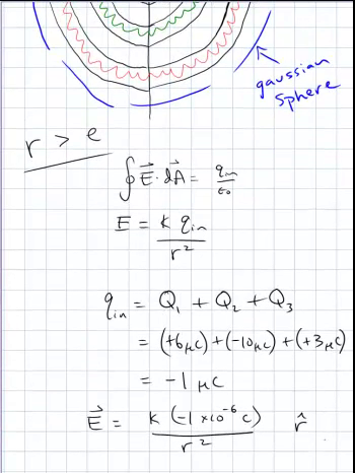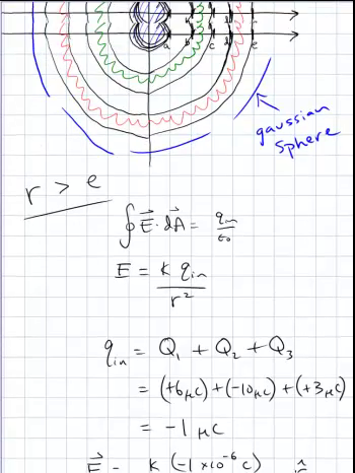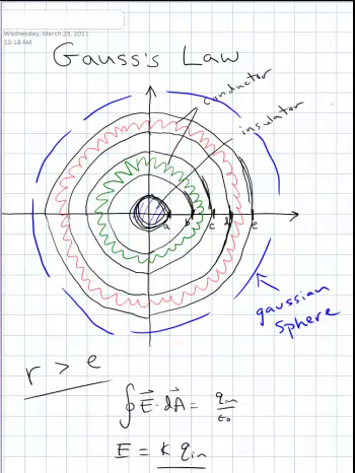And our electric field is here. There's one other thing I wanted to point out, and that is that there's no electric field inside of this red region, inside of that conductor. So if you're standing outside of this whole mess, where does the entire electric field come from? It comes from the outer surface of the outer conductor, this surface at R equals E. And what was the charge on that surface?